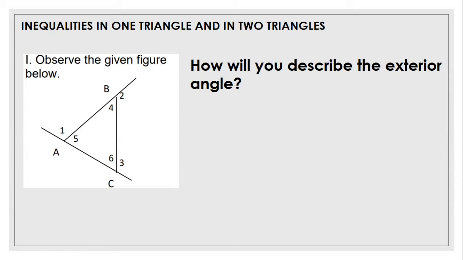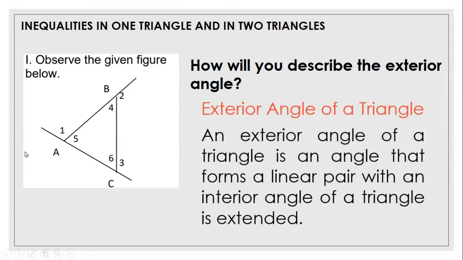So, dito na papasok yung definition of exterior angle of a triangle. An exterior angle of a triangle is an angle that forms a linear pair with an interior angle of a triangle when a side is extended.